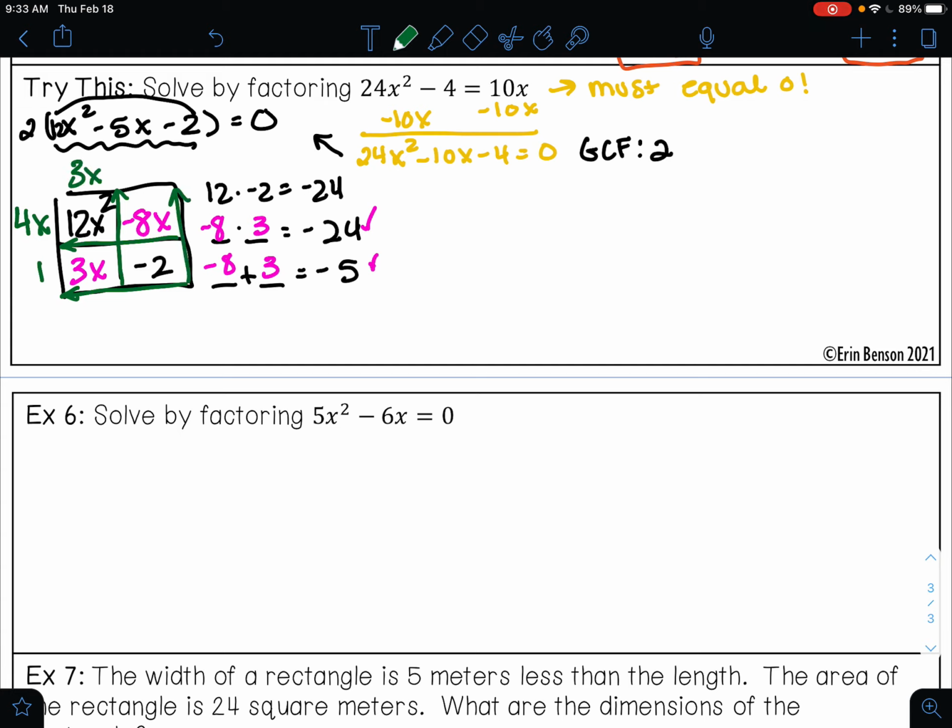And the greatest common factor between negative 8x and negative 2 is negative 2. So my factors are the 2 from my GCF, 4x plus 1, and 3x minus 2.